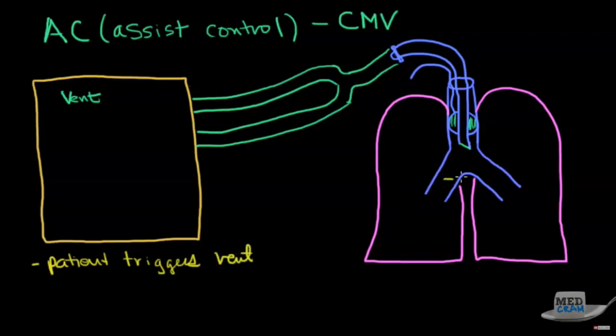Well, the patient takes a breath in, and therefore there's a negative pressure here, which causes a negative pressure to be sensed here at the ventilator. The other way you could sense it is by flow, if there is a flow that actually goes through here by the negative pressure. Now, as soon as the ventilator picks up on that negative pressure, it's going to deliver a specific volume.